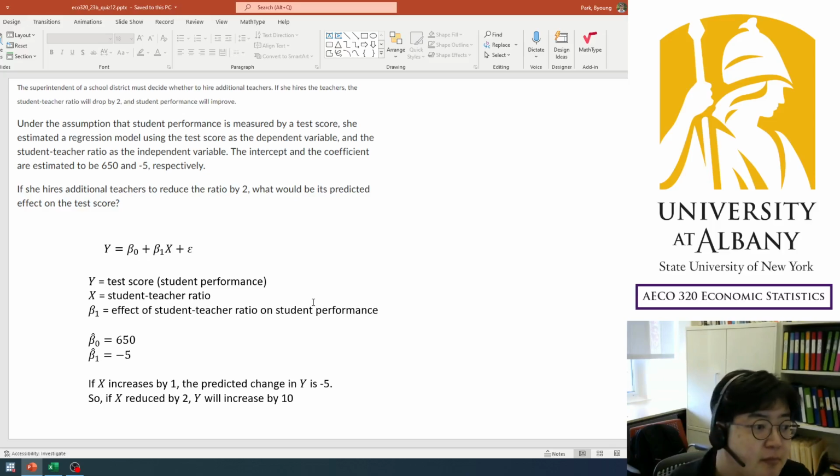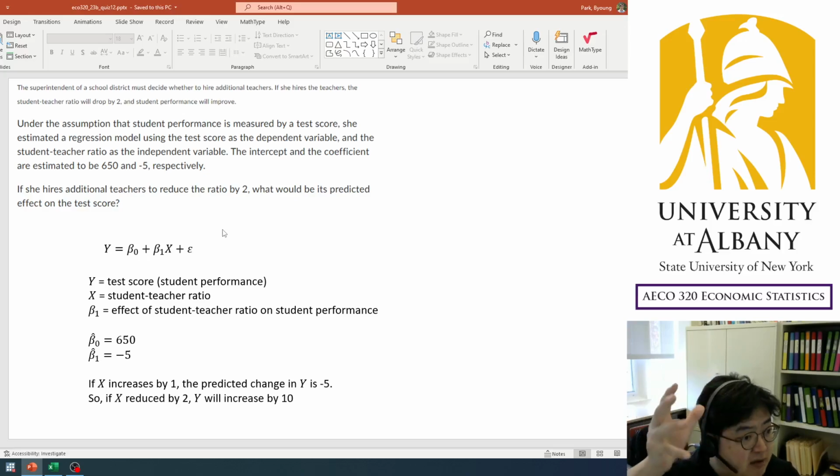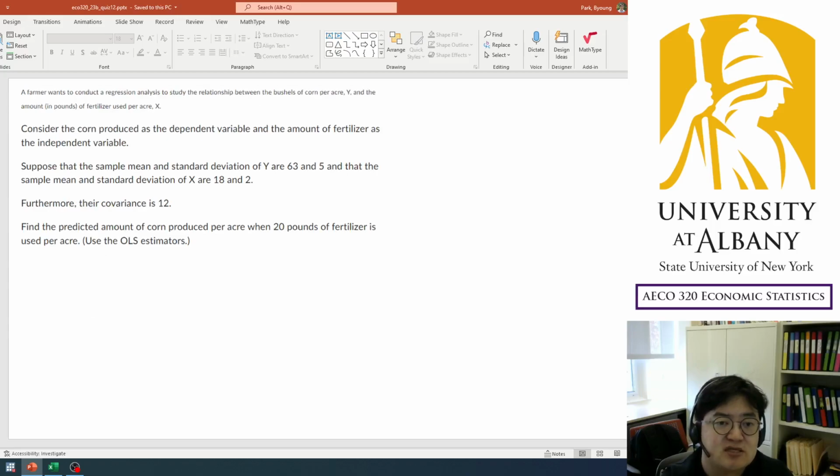So that is coming from the linear model assumption. So everything is linear. So if you double, then the effect will be doubled, right? And if you multiply by -1, change the opposite direction, then everything will just be multiplied by -1. So pretty simple algebra. Next one.